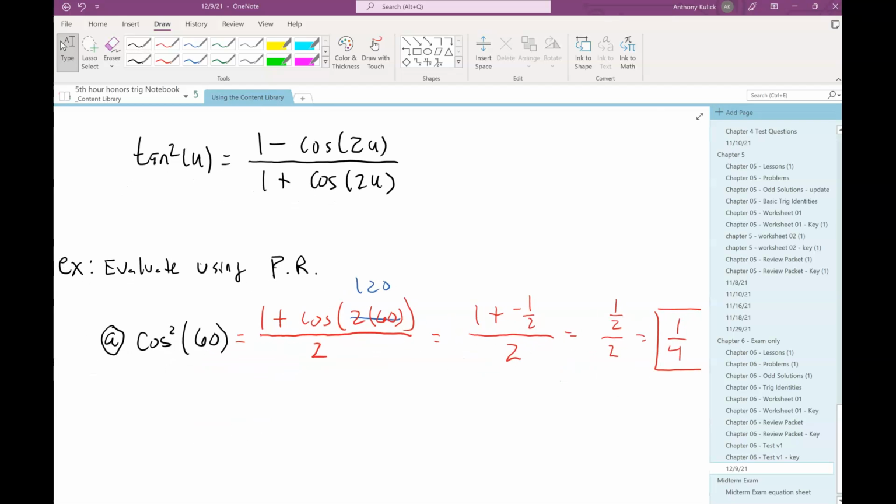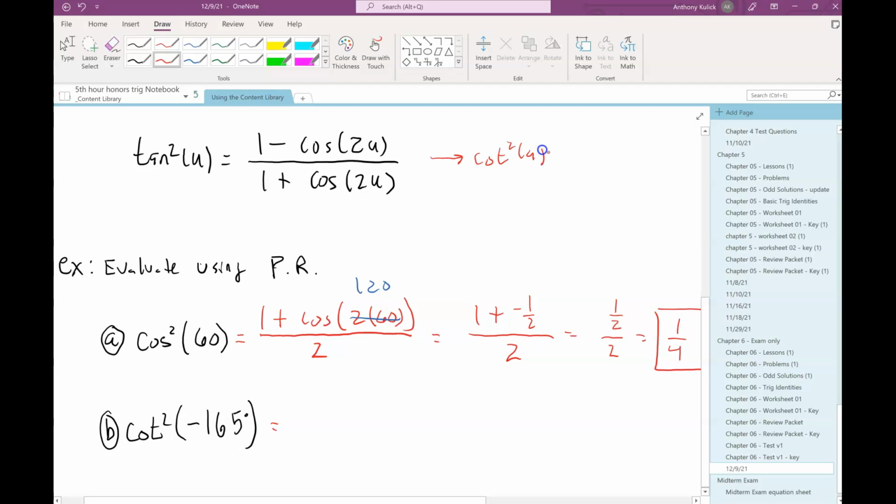Okay. Let's say we want to do cotangent squared of negative 165. Notice that we don't have a power-reducing identity written down for cotangent, but that's okay.